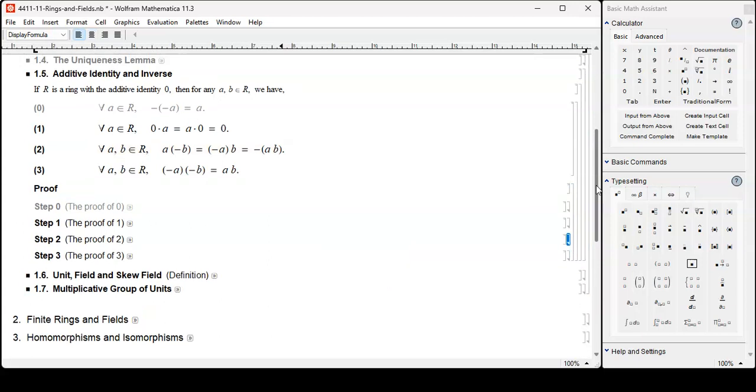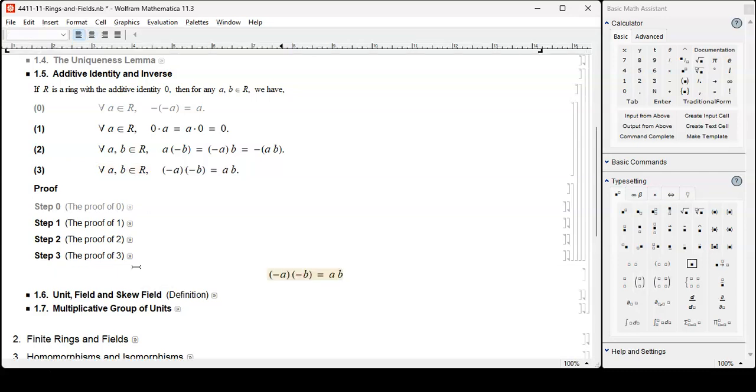Okay, we proved these 3. Now how about this one here? So that's what you have to prove. How to prove that? Let's see, from this left-hand side, let's use something we already proved, and let's go to this number 2.